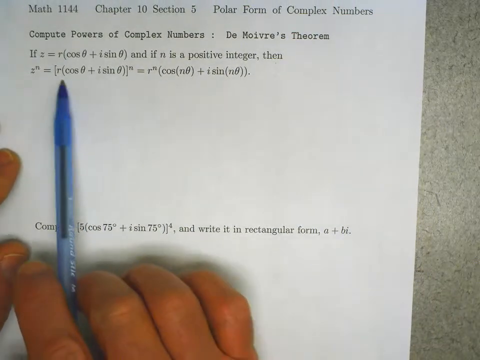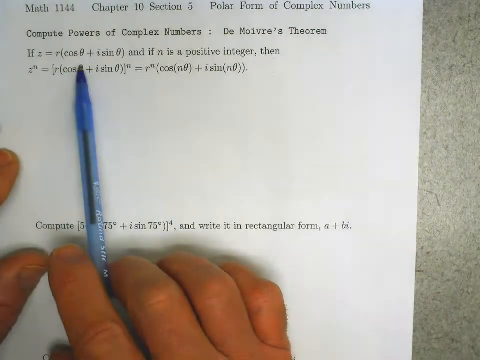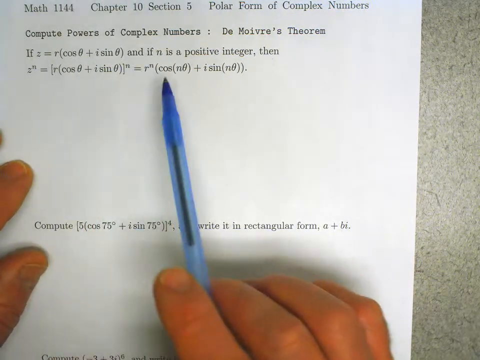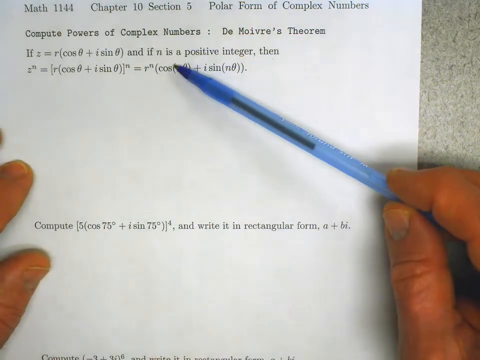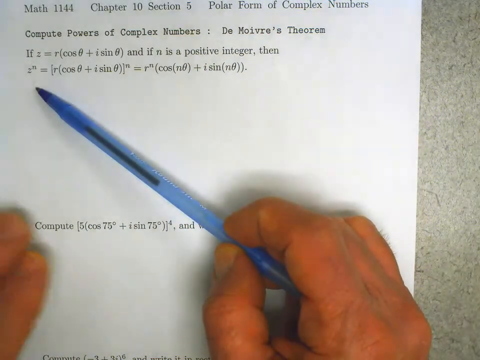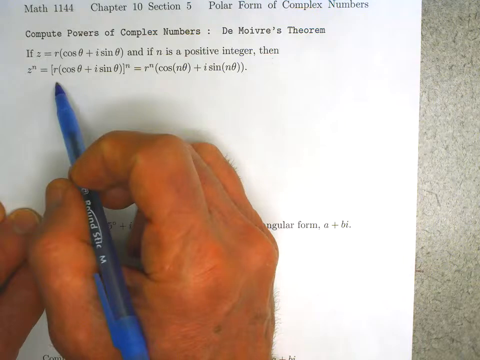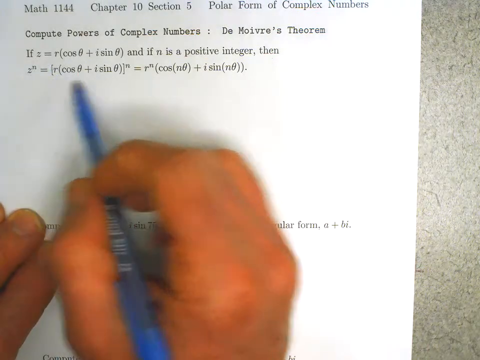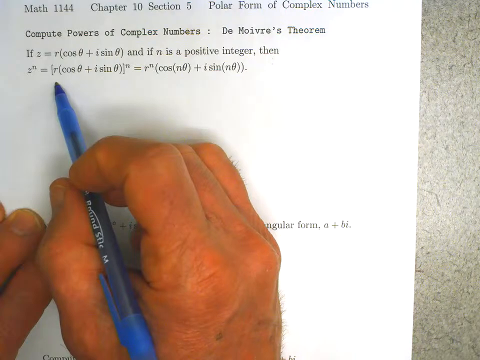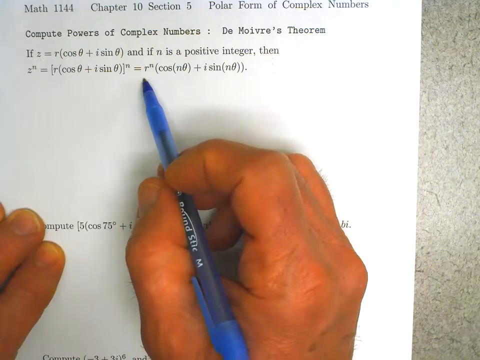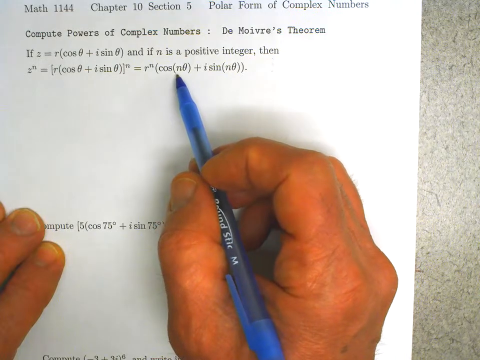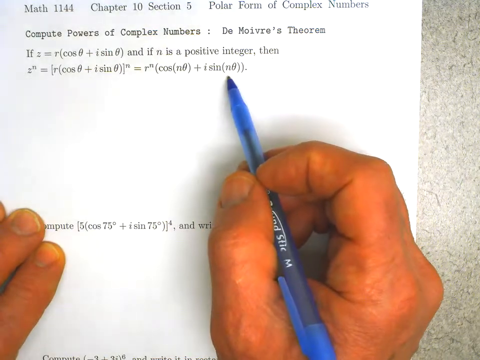This says if z is equal to r times the quantity cosine of theta plus I times sine of theta, and if n is a positive integer, then z to the n, if you raise the complex number to the nth power, then when removing parentheses, we get r to the n times the quantity cosine of n theta plus I times sine of n theta.